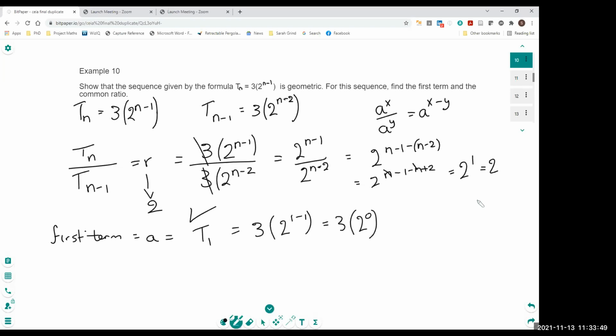What's anything to the power of 0? x to the power of 0 is always 1. So that's equal to 3. And r is equal to 2. We've solved it already. So you found your first term a is 3, and your r is 2.